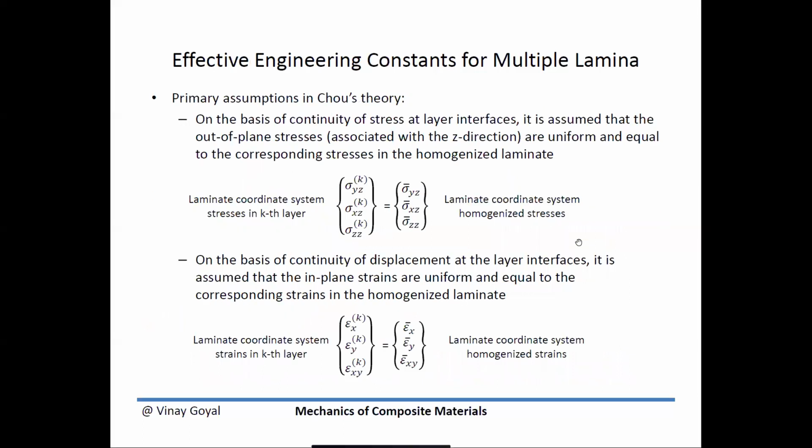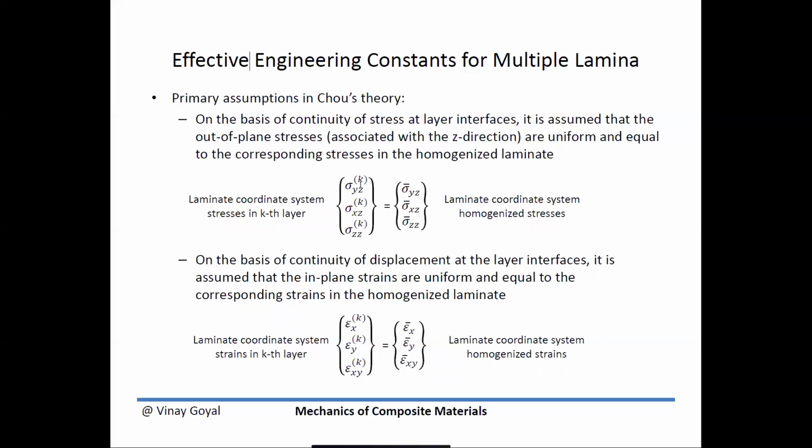So there are two primary assumptions in Chow's theory. The first assumption is that the through thickness stresses for every ply, k equals 1 through n, where k represents the kth ply, are going to be equal and uniform for the whole plate.